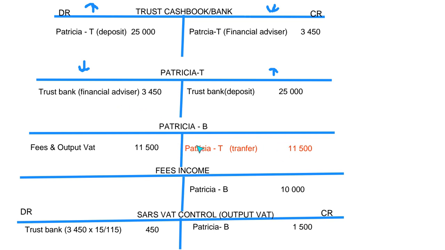Now that I did the Patricia transfer on the credit side, I must also transfer on the opposite side. Remember, we must transfer from Patricia to Patricia T. This is the T that I'm talking about. So I must go to the opposite side, which is here, to make that transfer. I'm going to write Patricia business to show that the amount comes from Patricia business, and that amount is 11,500.